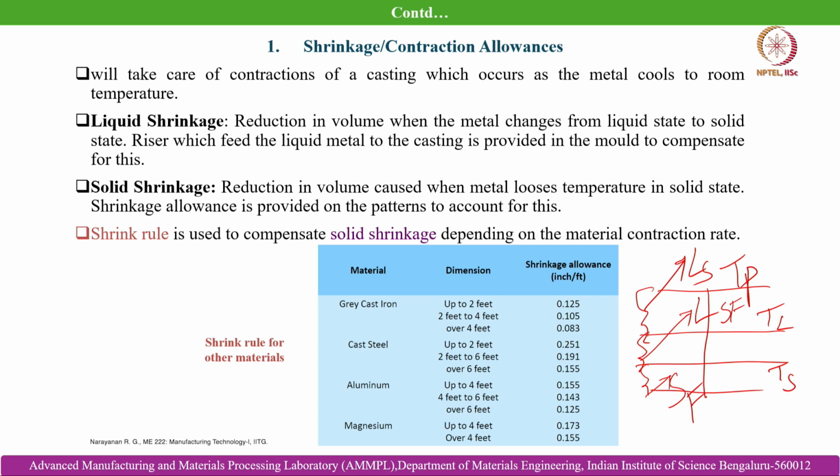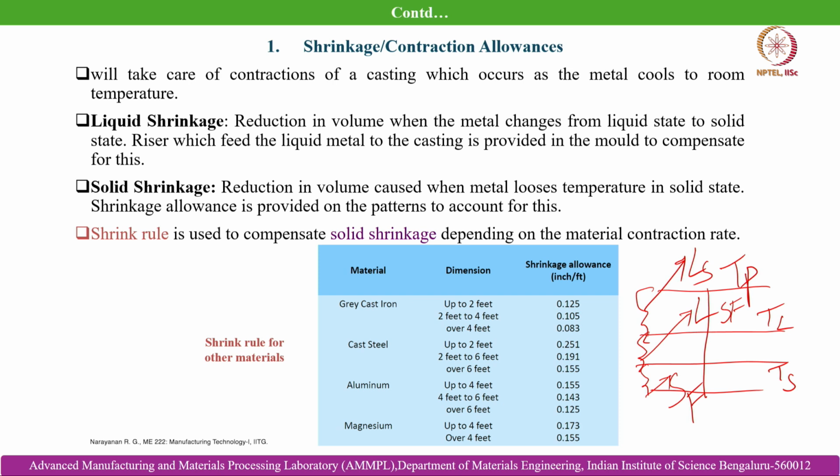So, for different materials there are separate shrink rulers available, which help in providing the appropriate shrinkage needed for the individual materials under consideration. So, there are some typical shrinkage allowances provided for different grades of the material, like in case of grey cast iron, cast steel, and aluminum and magnesium, they are compared.